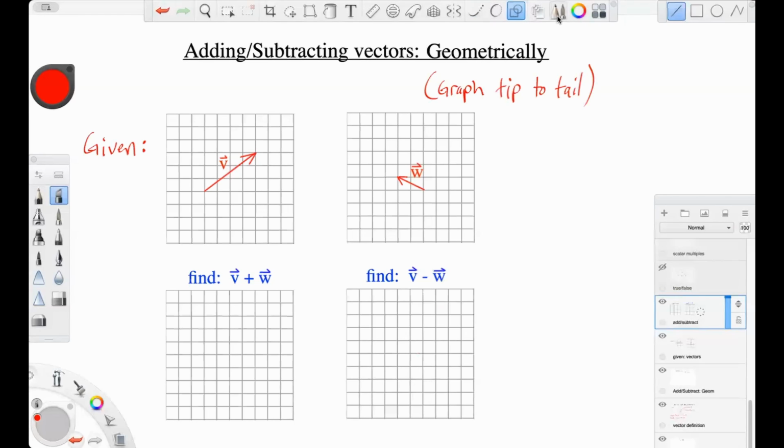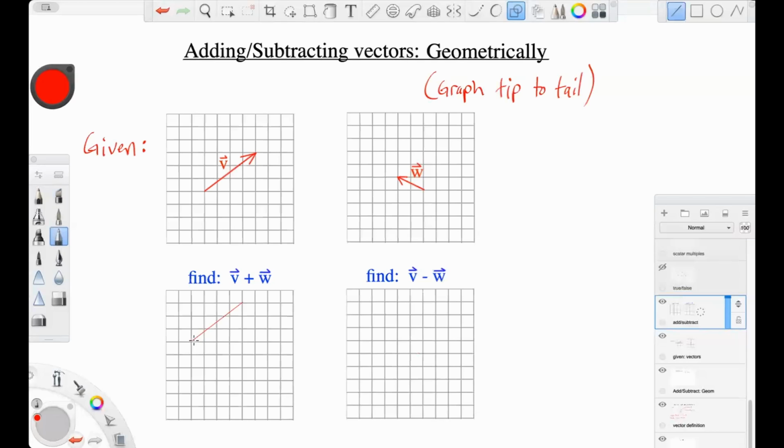So when I graph this vector down below, I can start anywhere I want to. Notice there are no xy axes here. Once I choose an initial point, from there I go for vector v to the right 1, 2, 3, 4, and up 1, 2, 3, and then plot that line. Let me darken that a little bit.